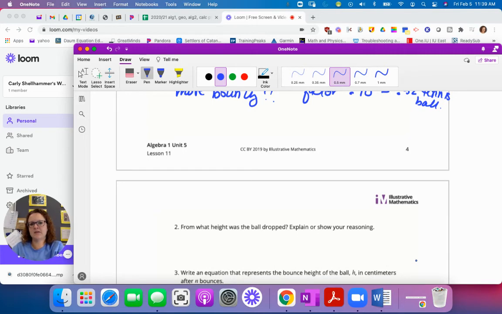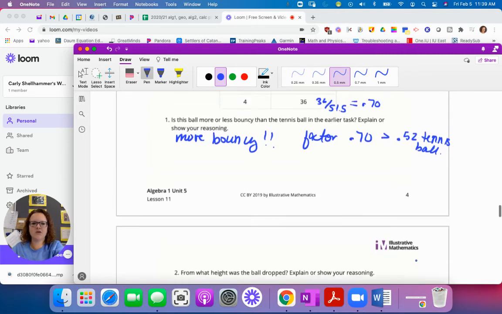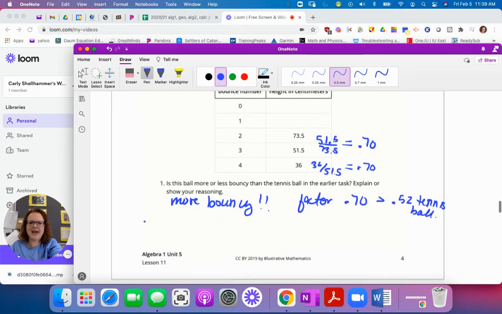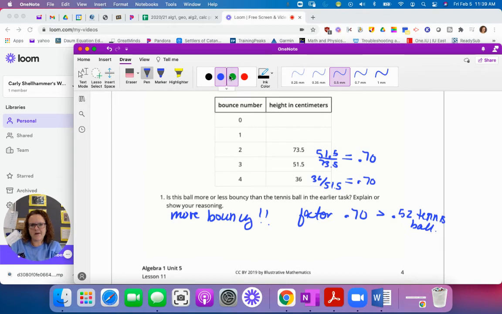From what height was the ball dropped? Explain or show your reasoning. So we're going to try to work backwards on this table. So if 0.7 remains each time, we need to get back to the beginning. All right? So what we really are going to say is, I'm going to work over here.